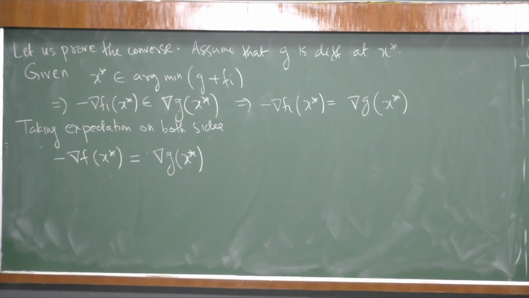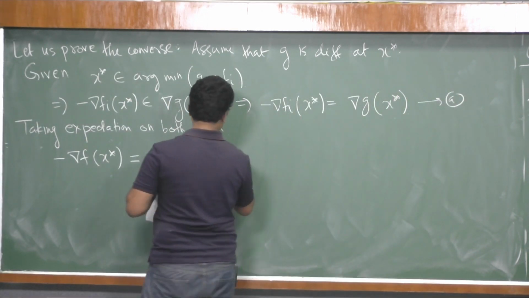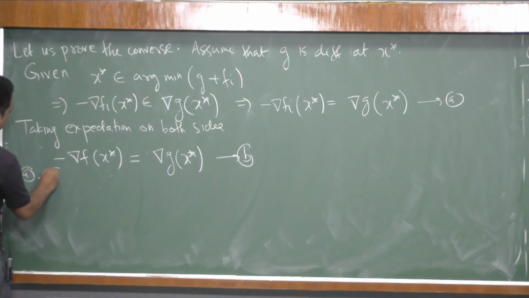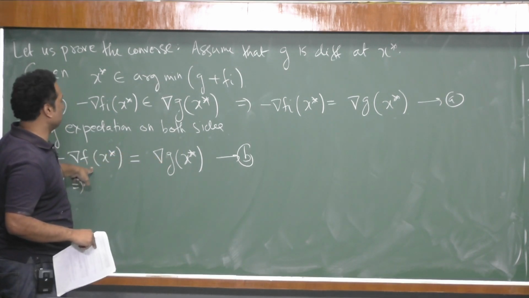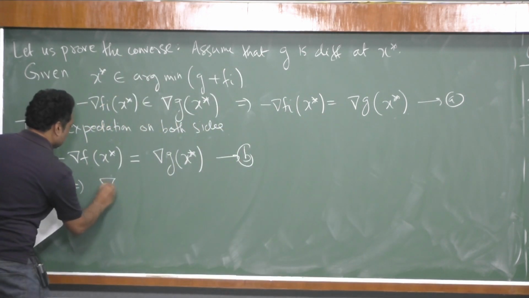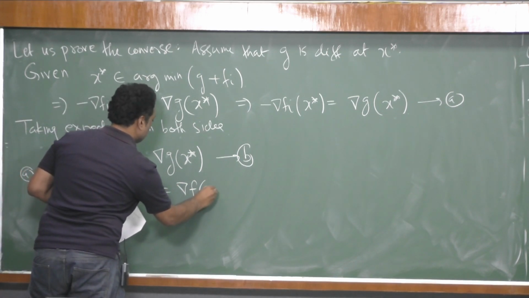So now we can say it's equal. So what do we have now? From these two equations, let us say this is A and this is equation B. Then from A and B, grad g x star is minus grad f star, so I substitute it here. This implies that grad fi x star is equal to grad f x star.